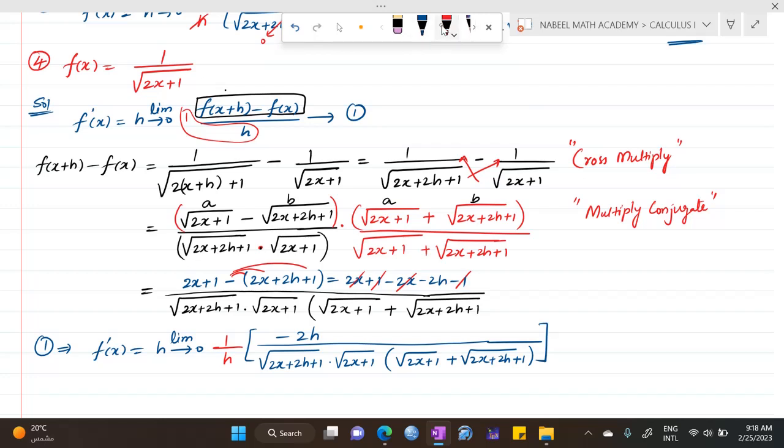Now what are the cancel terms you have? h with the h cancel. When you apply the limit for the h, it becomes 0. Here it becomes 0. So what is the remaining part you have?